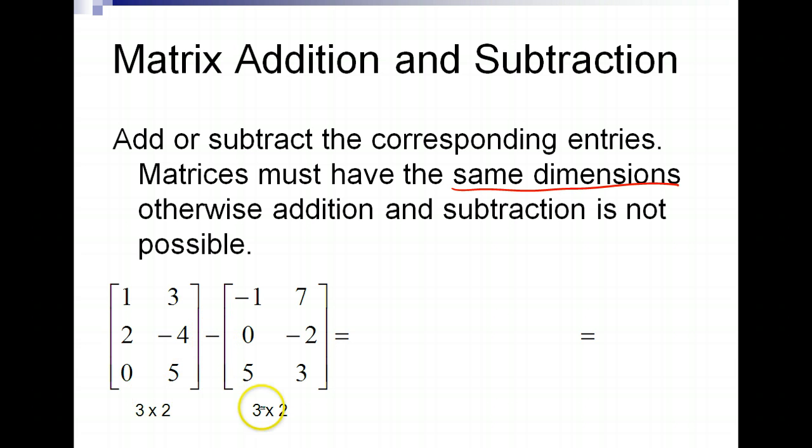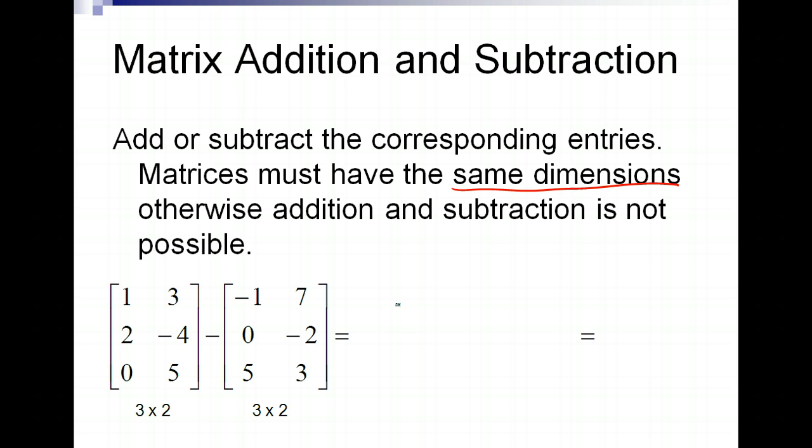So to subtract these two matrices, I need to subtract the corresponding entries. This entry, 1, is in the upper left corner. So I'm going to subtract the entry in the upper left corner of my second matrix. So 1 minus negative 1 is going to go into the first entry of my matrix in my answer.